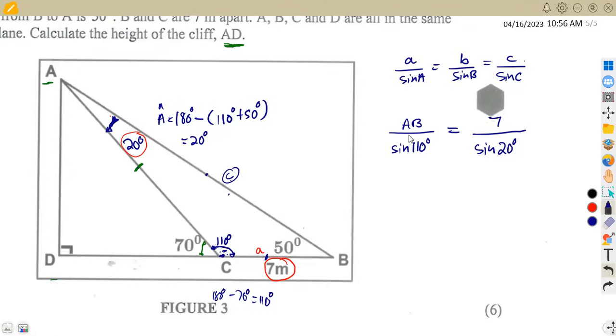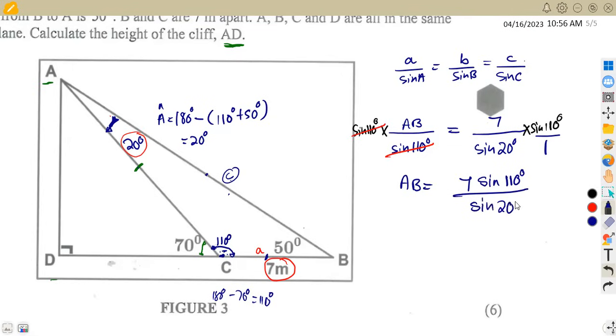Okay, so to find AB, we can cross multiply, or we can simply multiply by sine 110 both sides. Since we are dividing here, we can multiply by sine 110 so that these two can cancel. We remain with AB. So AB is going to be 7 sine 110 over 1, which is the same as 7 sine 110 degrees over the sine of 20 degrees.